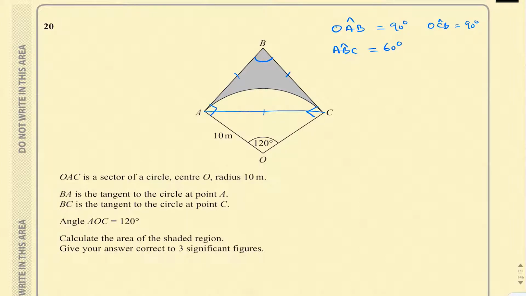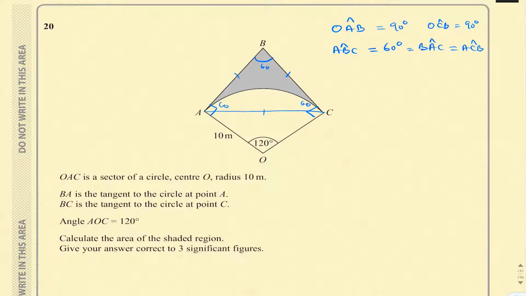So angle BAC is also equal to angle ACB. In that case, these are 60, 60, and 60.